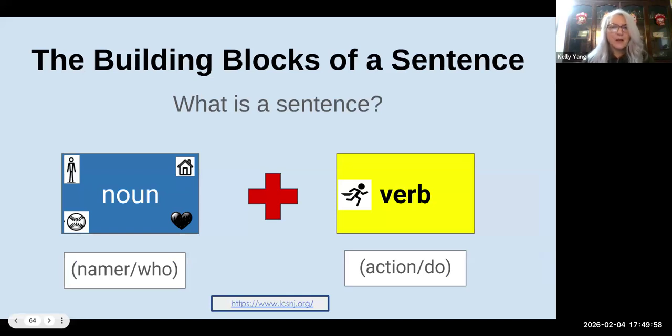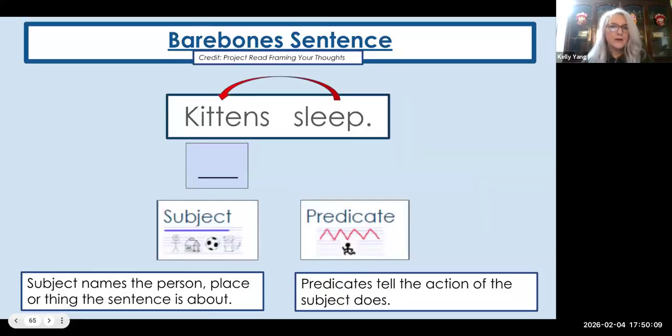So the building blocks of a sentence, your bare bones sentence, is a noun, a subject, who, and a verb, what they're doing. Here's an example: The kitten sleeps. When we teach the students, we're teaching them that the subject names the person, place, thing, or animal that the sentence is about, and the predicate tells the action. These particular cards are from a program called Project Read.